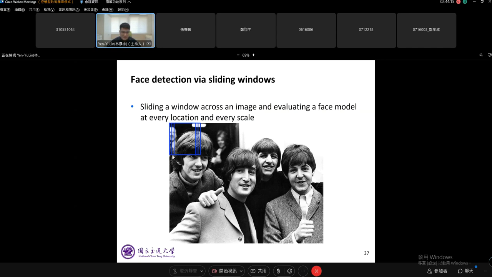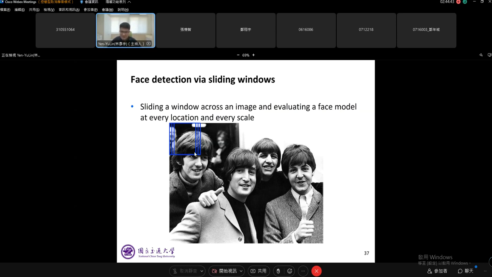First of all, let's consider the blue square here. The blue square covers a sub-image. We use some feature extraction method to extract the feature. So we can use a vector to represent this window. And this vector is fed into a binary classifier.